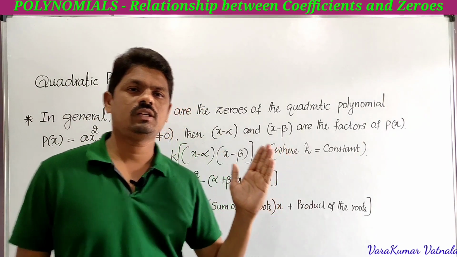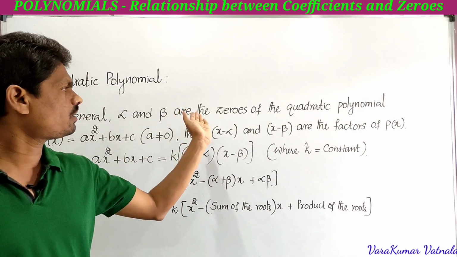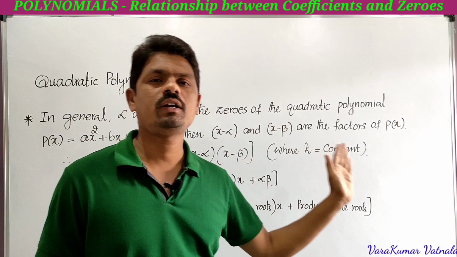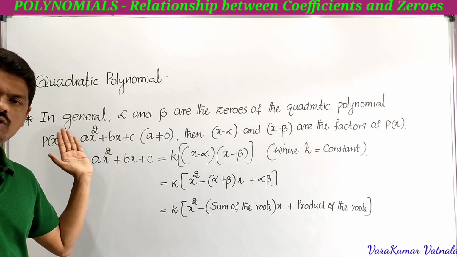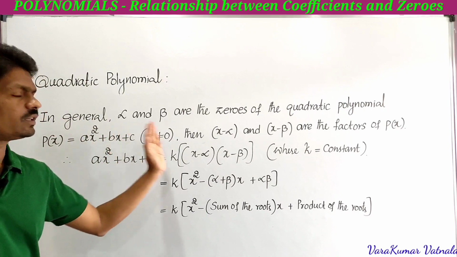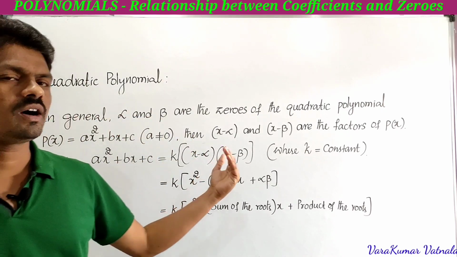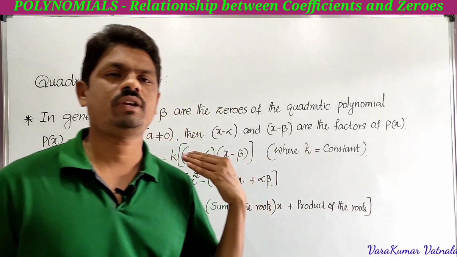See here what it is. Let, in general, alpha and beta be the zeros of the quadratic polynomial P of x equal to ax square plus bx plus c, a not equal to 0. Then x minus alpha and x minus beta are the factors of P of x.